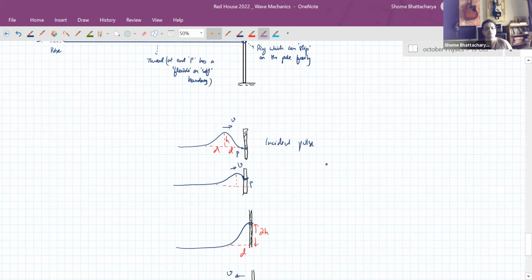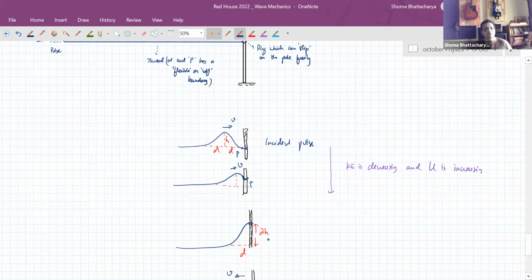And also, you'll see that as the pulse is progressing in this sense, kinetic energy is decreasing and potential energy is increasing. So the string is getting more and more stretched, because the points on the string are having more and more transverse displacement.